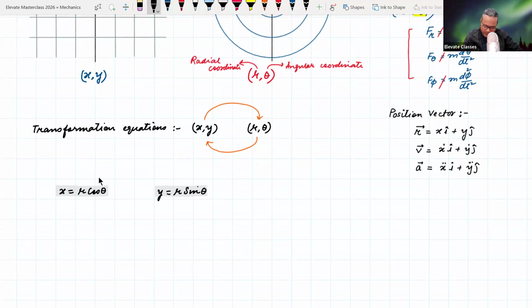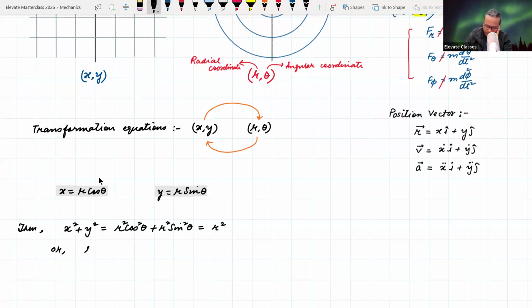Okay, so if I say x square plus y square, this will give us r square cos square theta plus r square sin square theta, which is equal to, since sin square theta plus cos square theta is equal to 1, r square. So therefore we have r is equal to the square root of x square plus y square.